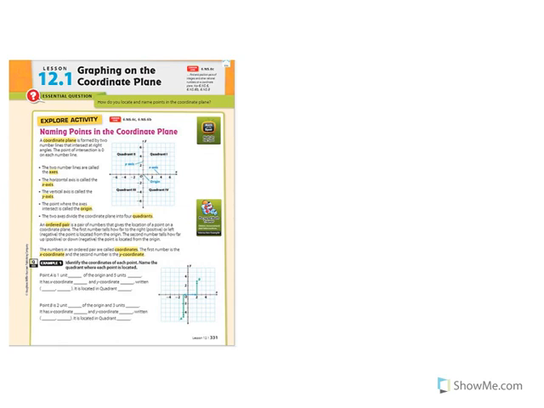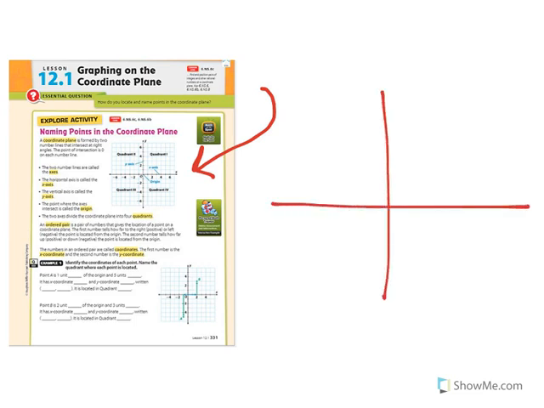So the whole idea is you will be graphing numbers on a plane, and your axes, you'll see, are in a cross shape, and this is how you remember the difference between the two. Going across, you have the x-axis.